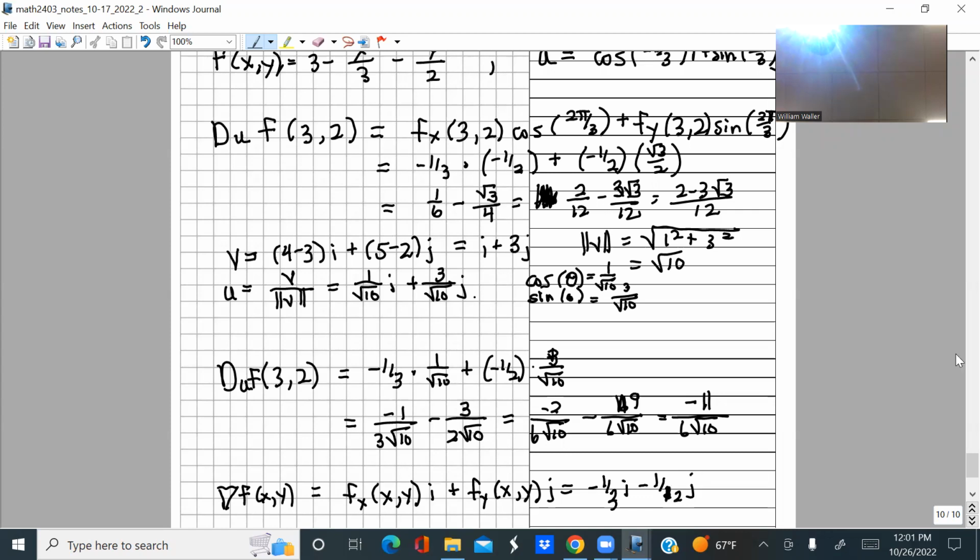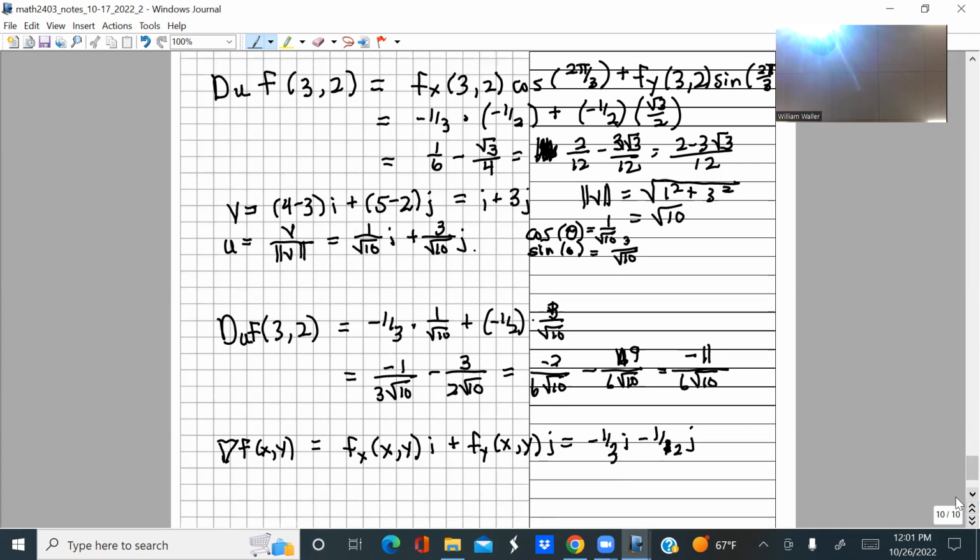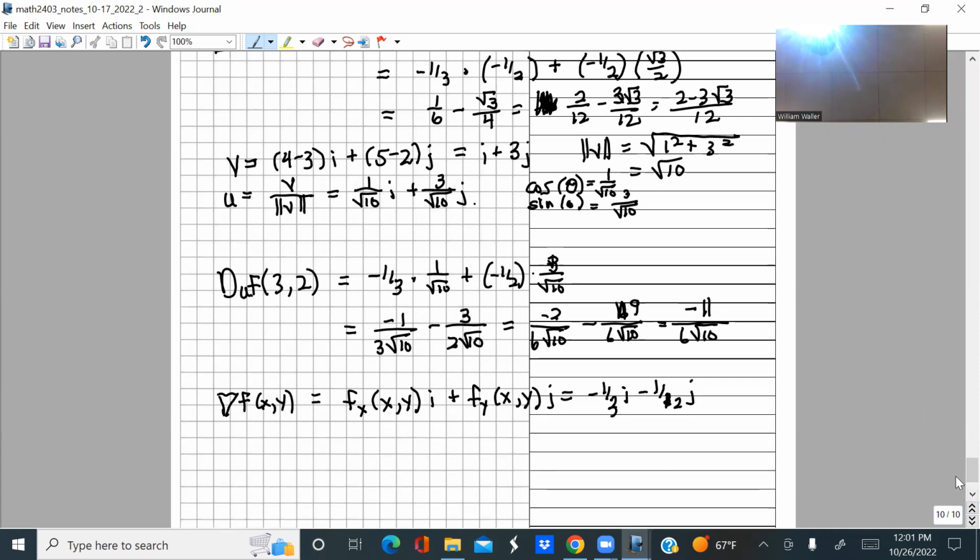That's the direction of maximum ascent. Now, I'm not convinced here, so let's actually compute what that maximum ascent rate is. So what is the slope in this direction? If we really do go in this direction, how fast are we moving up that plane?